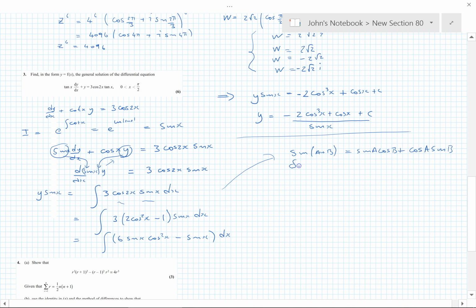And we have sin A minus B equals sin A cos B minus cos A sin B. And then we need to have cos A sin B. So if we subtract these two together, we're going to end up with this.